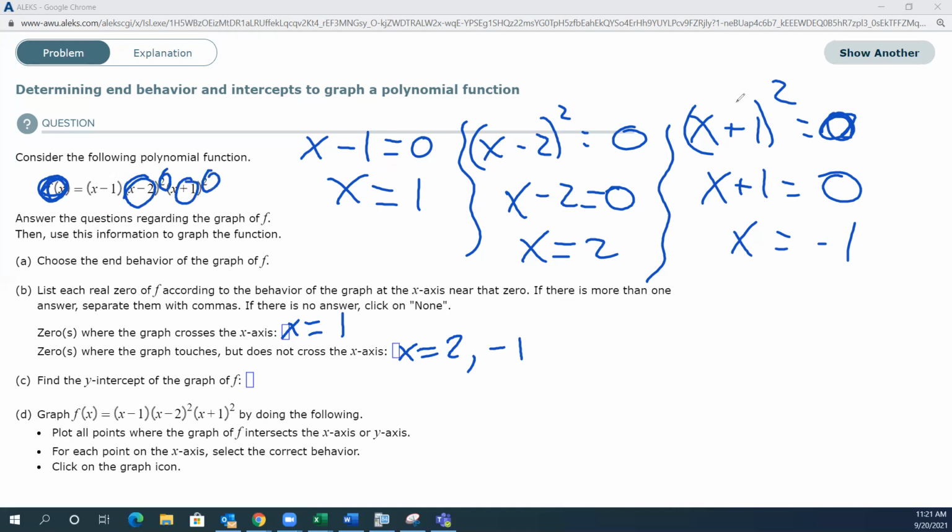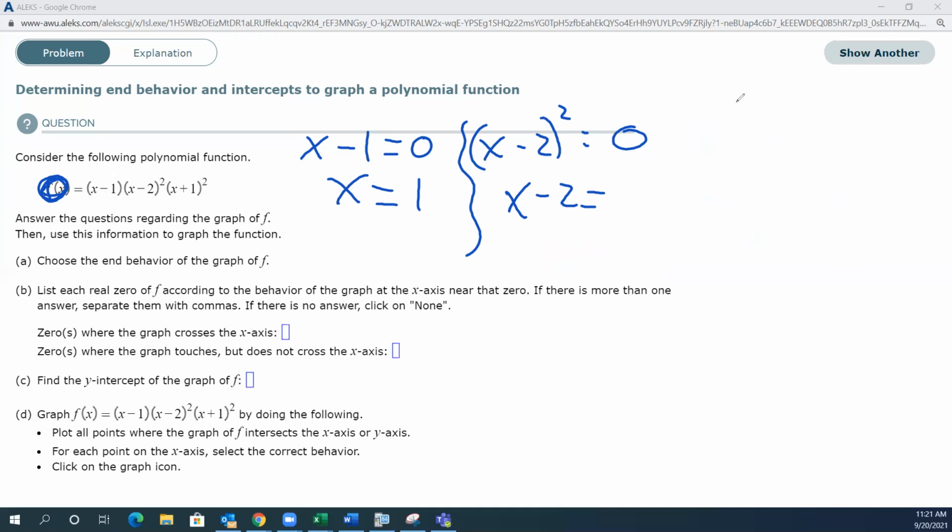And when they occur twice, they're just going to come up and barely kiss the x-axis, like you're kissing your sister on the cheek, and then drop back down. Or come down and go back up. But they're not going to cross at that point. And of course, you should be double checking this stuff. All right, so we got all that.